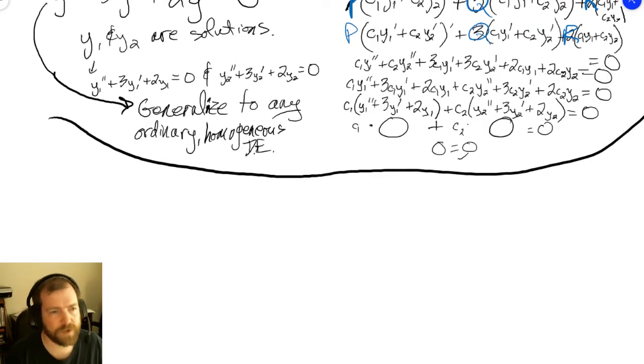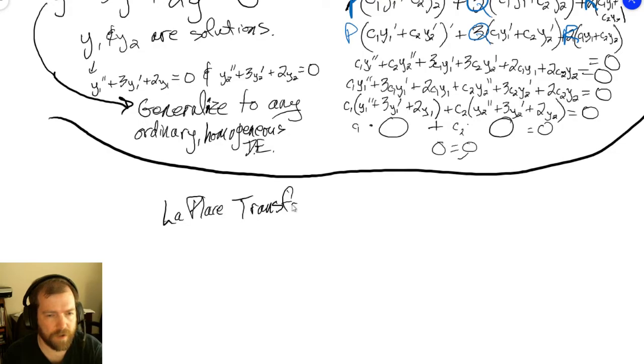My next thing to talk about would have been, for my differential equations class, Laplace transforms. So Laplace transforms are a mathematical tool that is used for forcing functions on differential equations, and particularly for those forcing functions which are discontinuous.